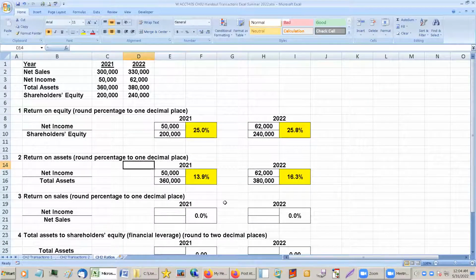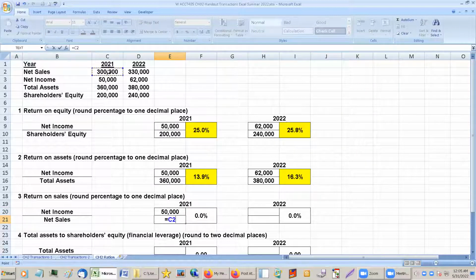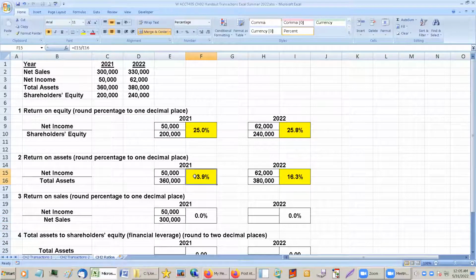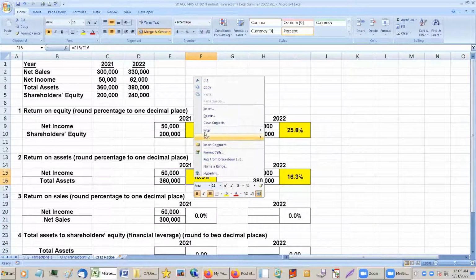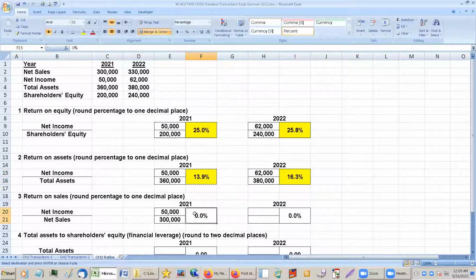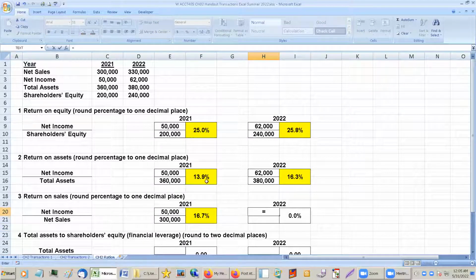Okay. Net income over sales. Copy. Paste. Income over sales for it.